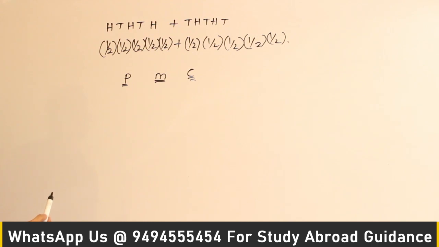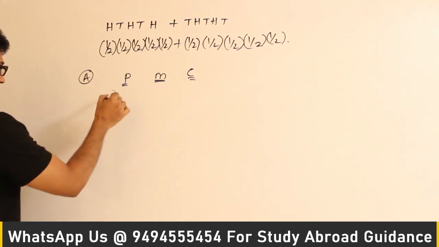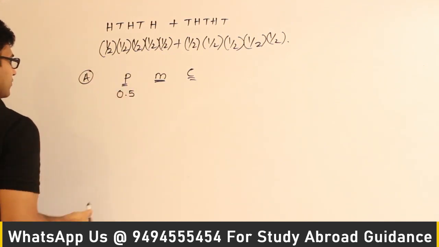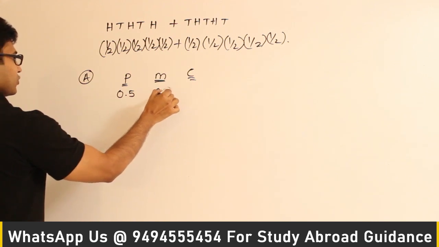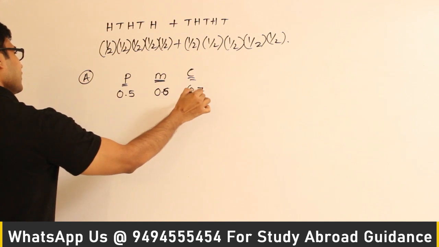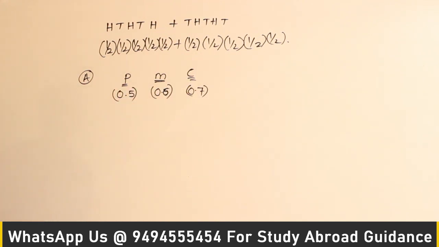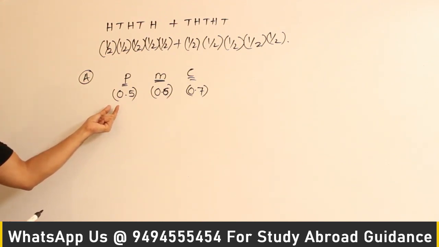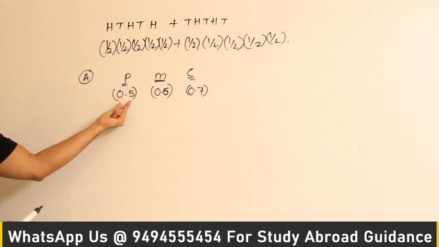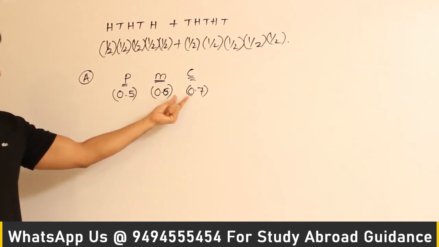Assume that the probability that a person A will pass the exam physics is 0.5, will pass mathematics is 0.6, let us say, and chemistry is 0.7. Now it is given that all these 3 events are independent, which means the probability of a person passing in physics will not depend on whether he has passed in mathematics or chemistry.